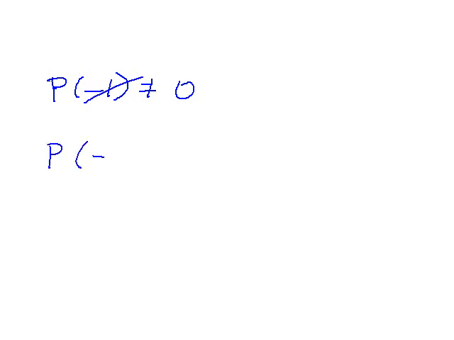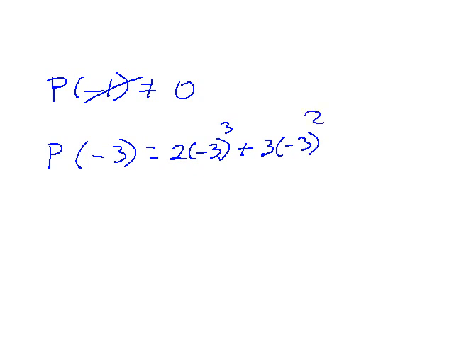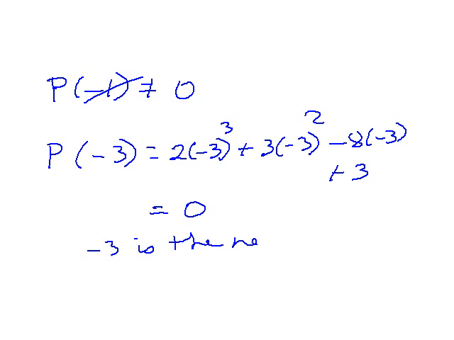However, if you put -3 into this equation, you get 2 times -3 cubed plus 3 times -3 squared minus 8 times the -3 plus 3. And that does equal 0. So -3 is the negative root. And that's how those two theorems go together.